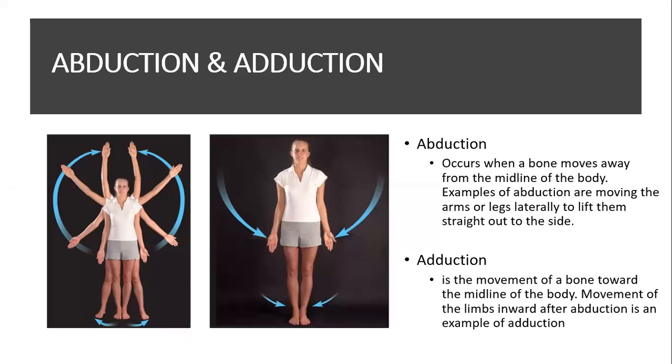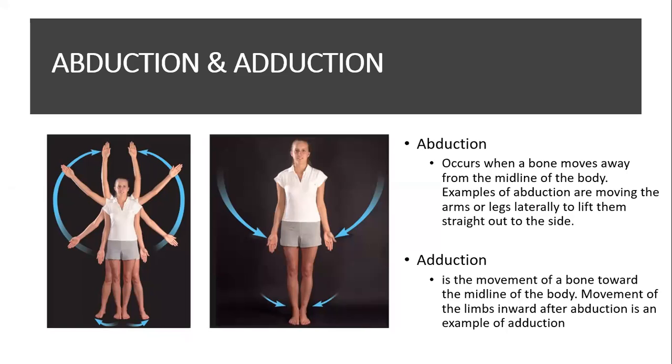Abduction and adduction. Abduction occurs when the bone moves away from the midline. If you take a look at the picture on the left, the young lady is starting in the anatomic position, and she's moving her hands, her arms outwards to the top. That's abduction of her shoulders.